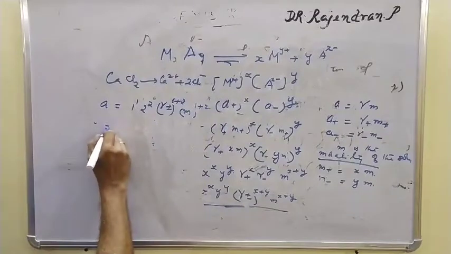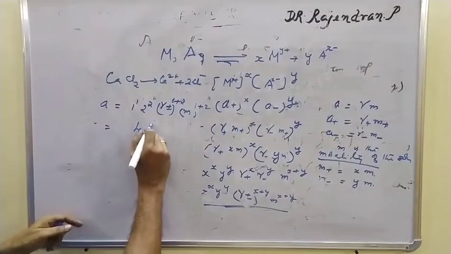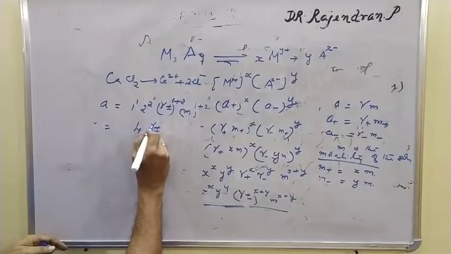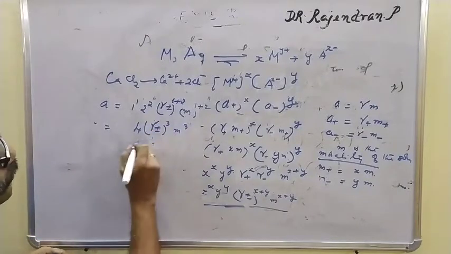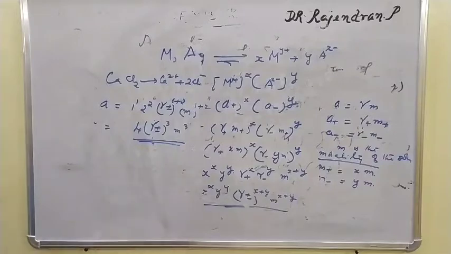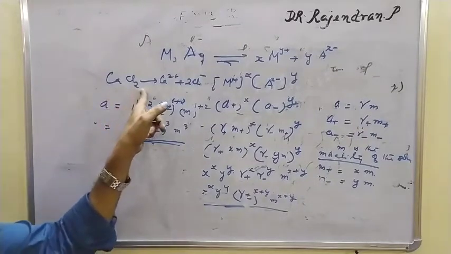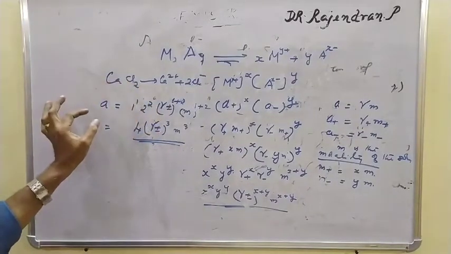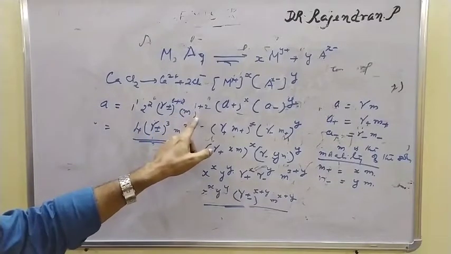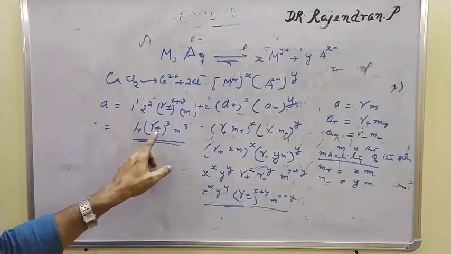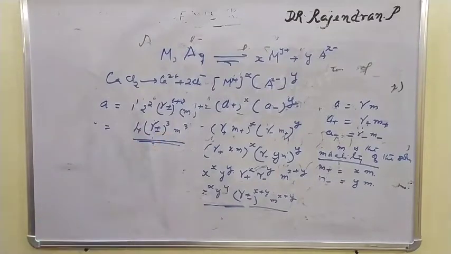So our number becomes 4 gamma plus or minus cube into m cube. So in the case of a uni-divalent electrolyte, the activity is related to the mean ionic activity coefficient and molality by 4 gamma plus or minus all cube into m cube.